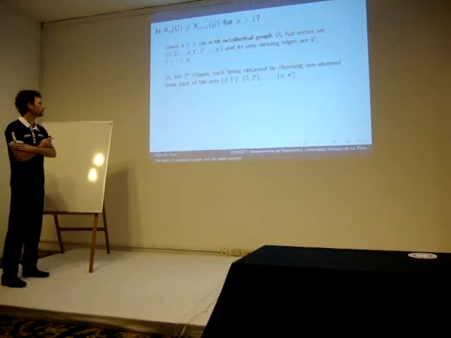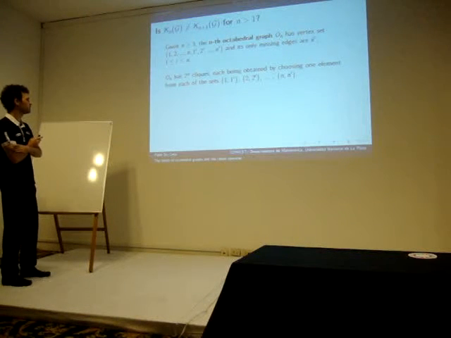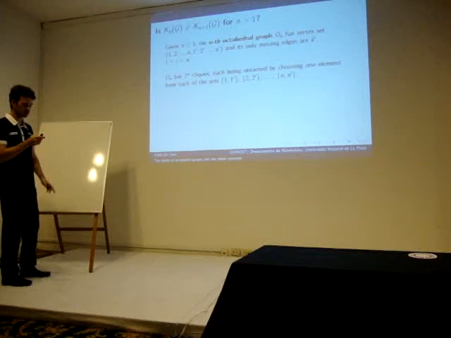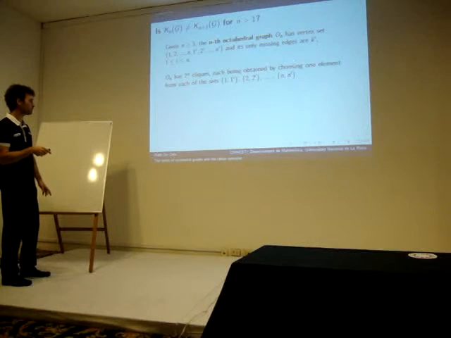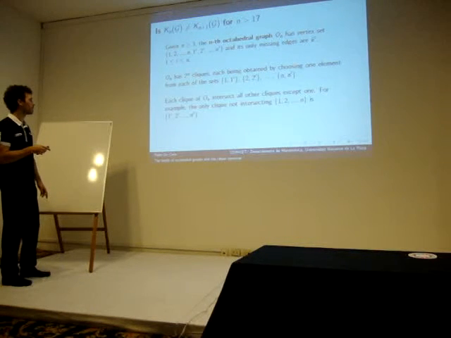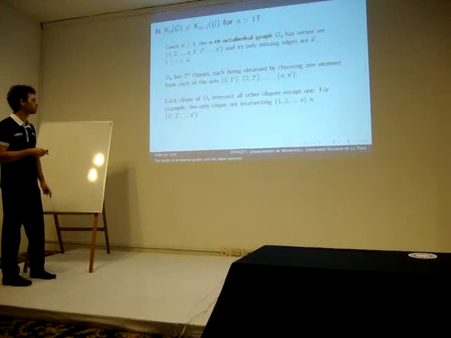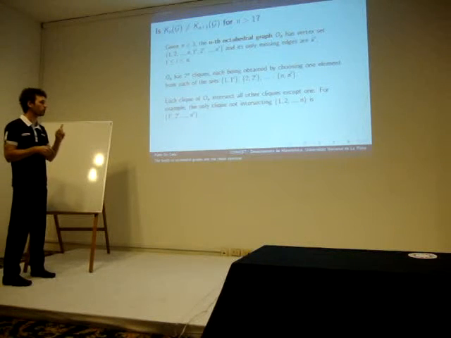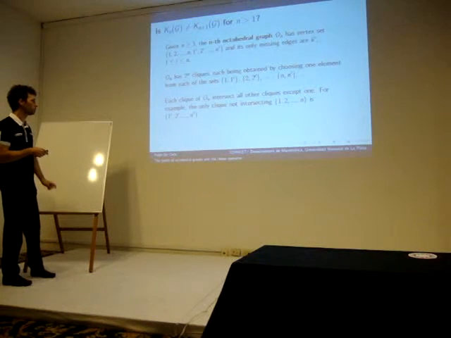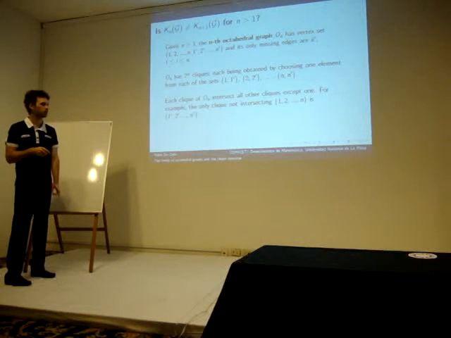This class of graphs has 2 to the n cliques, because each clique can be obtained as a selection of one vertex per each of these sets, and for each of the cliques that are obtained that way, there is one other clique, one unique clique that does not intersect that clique we were considering.